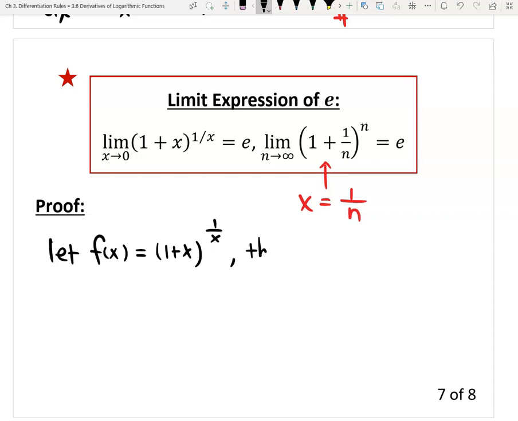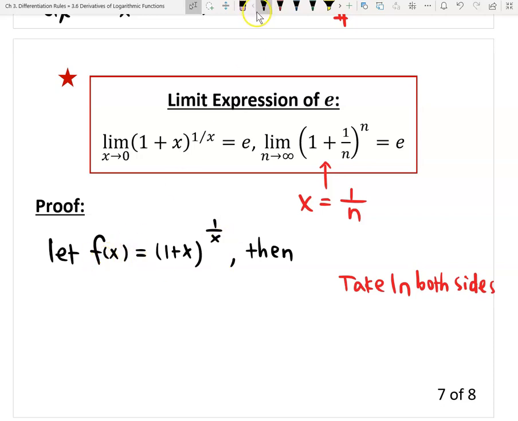If I set this up, then we take the log of both sides, ln on both sides. Do you remember this big idea? Because the logarithm can help us simplify this power. Our purpose is to find the limit of this function as x approaches 0.